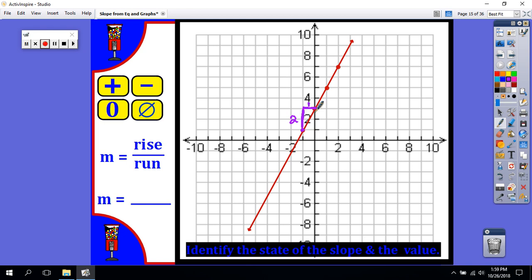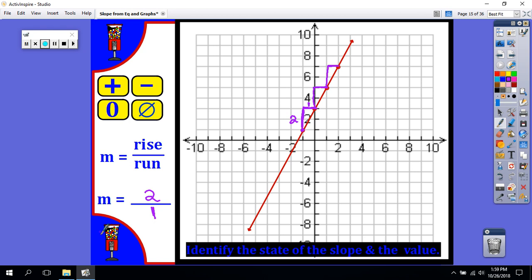Let's try it again. Go to the next point. Rise 1, 2, run 1 to the right. So our rise was 2, run 1. So our m is 2 over 1.